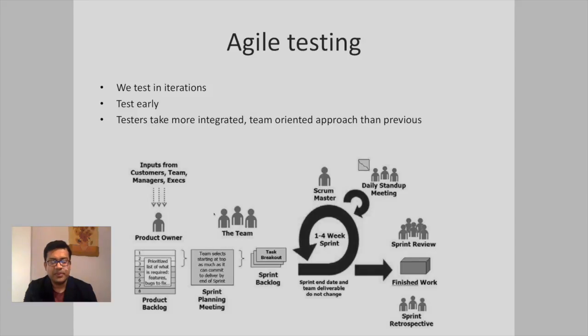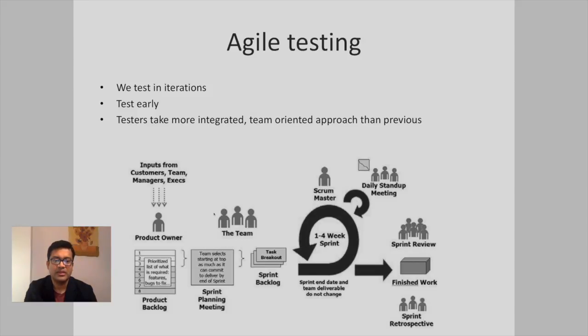Post the development testing, if the product looks good, there is a sprint review where the final product is verified, the quality sign-off is provided, and it is moved ahead to the release version or to production, where business users can go ahead and use it and test it.